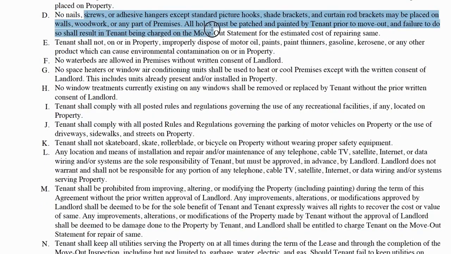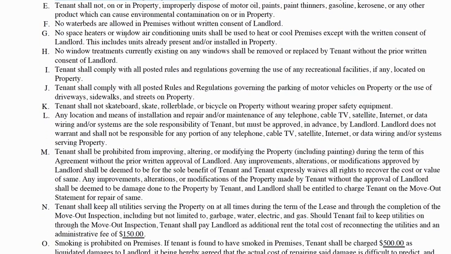Do not put nails or hooks or anything like that in the walls. If you do, you have to make sure that you patch and repaint those walls before you move out. Otherwise, you'll be charged for the damage. So, they do make hooks that you can put on the wall that don't have to go into the wall. They just attach to the surface. You can get those at Home Depot and Lowe's. So check into those for hanging pictures.